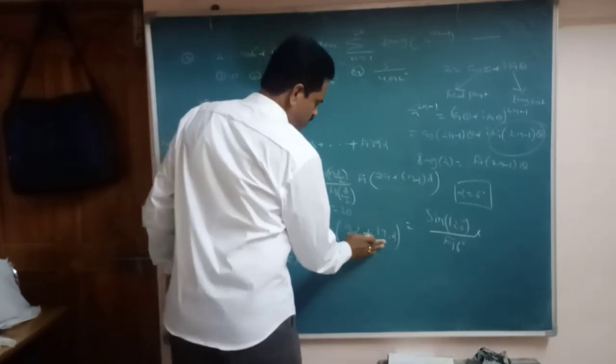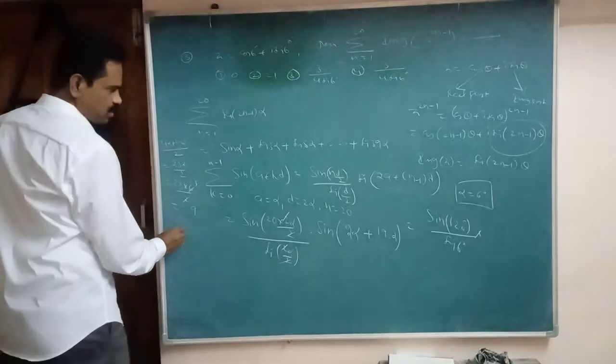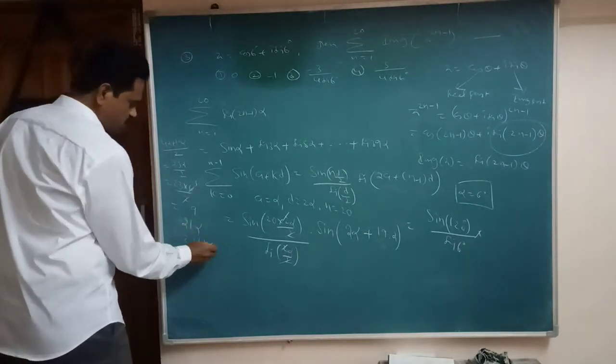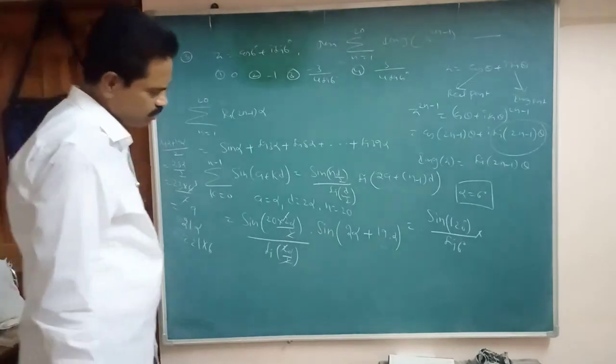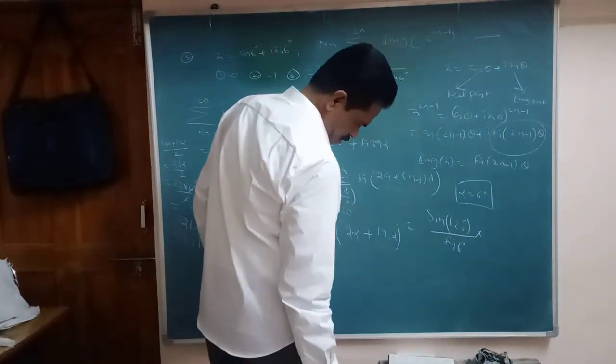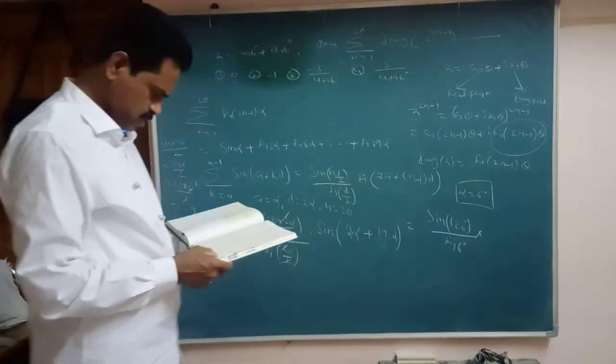Here (n minus 1) into d is 19 alpha. 19 plus 2, 21 alpha. Here 21 alpha equals 21 into 6, by 2.